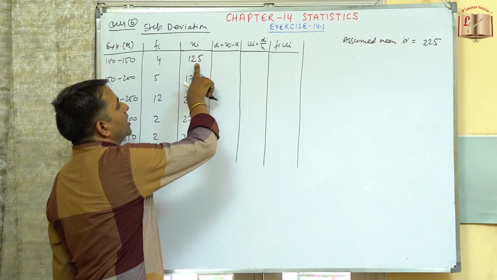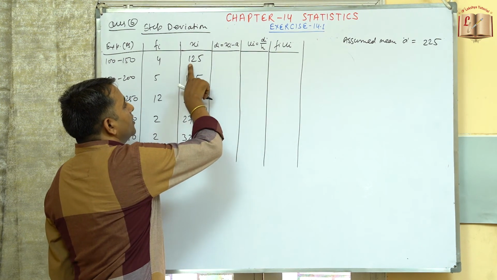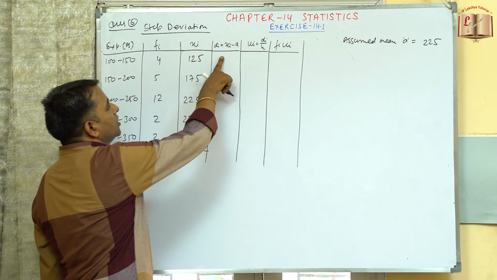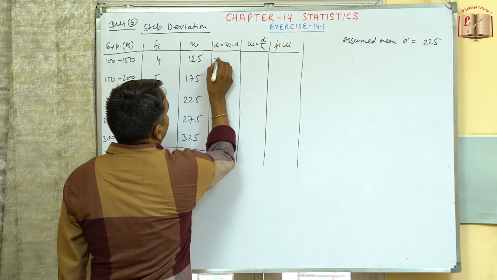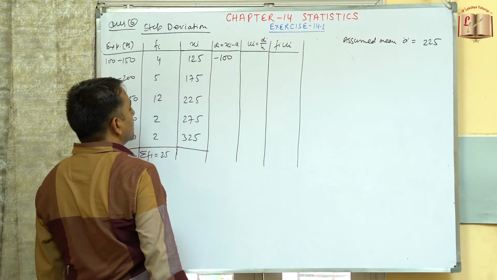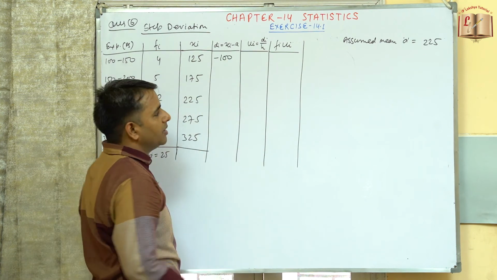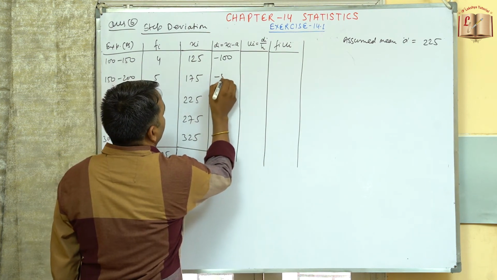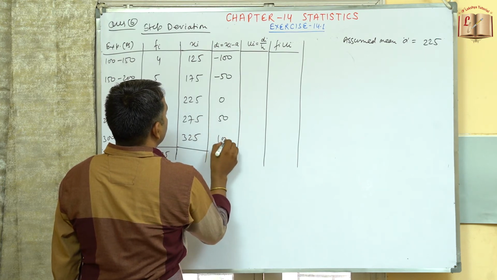Xi means 125 and a is 225. So for this it will be 125 minus 225. So it will be now minus 100 for the first case, and for the subsequent cases it will be less 50. So it will be minus 50, and this will be 0, then 50, then 100.